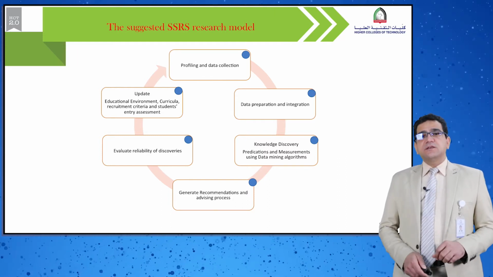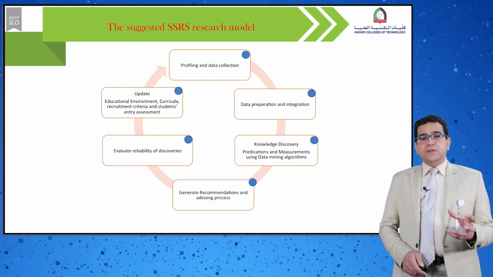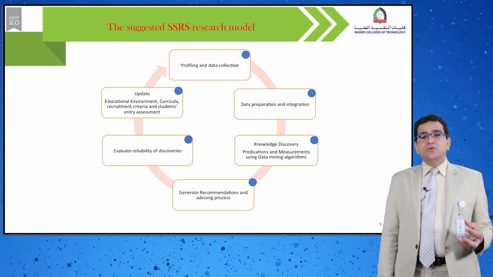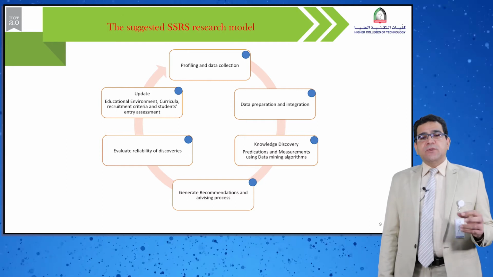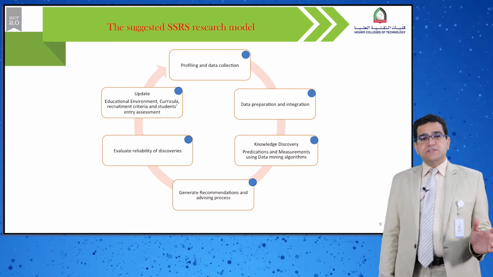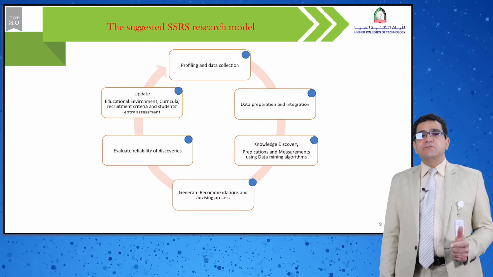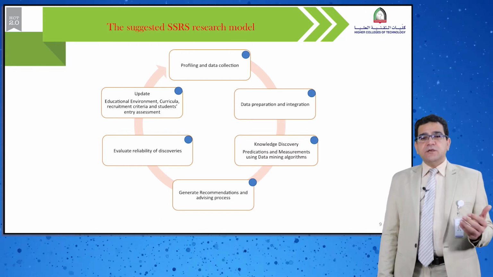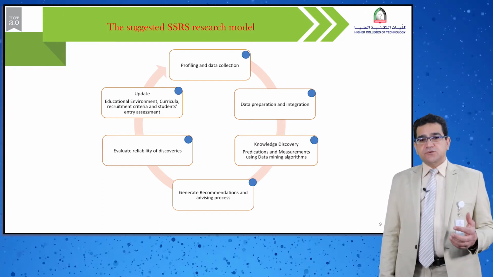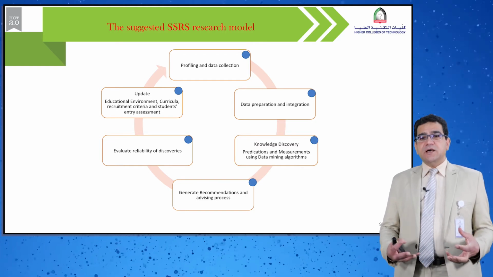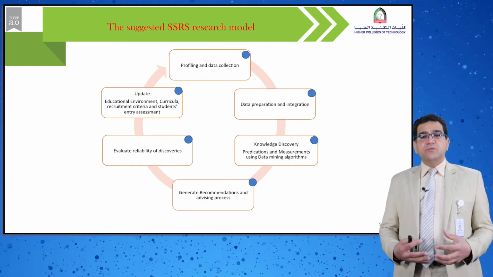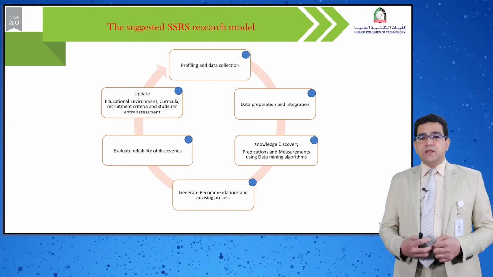So, what are the cycles which we can follow in this research? Firstly, we need profiling and data collection about the student, about the educational system, about the logistics which we have, as well as about the faculty who deliver this knowledge to the student. Then we need to clean and integrate these data, and prepare the data into a form which we can process in a proper way and manner.